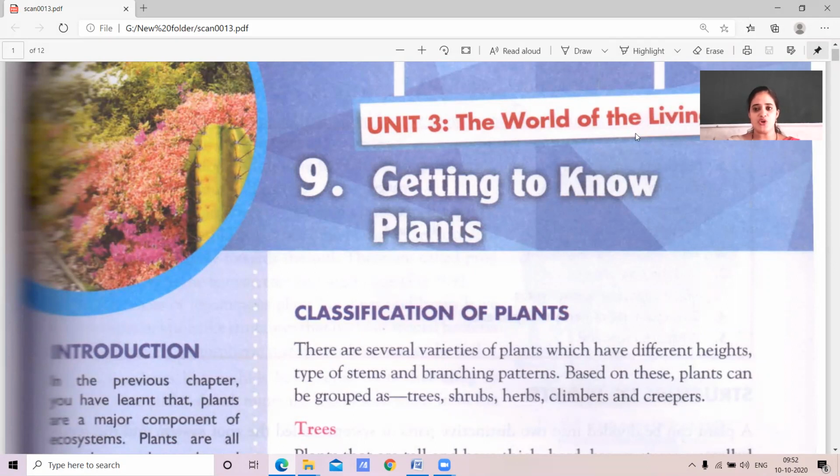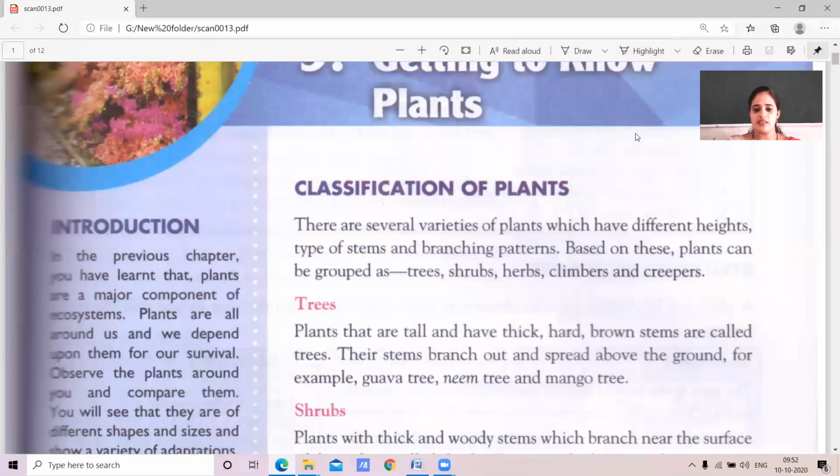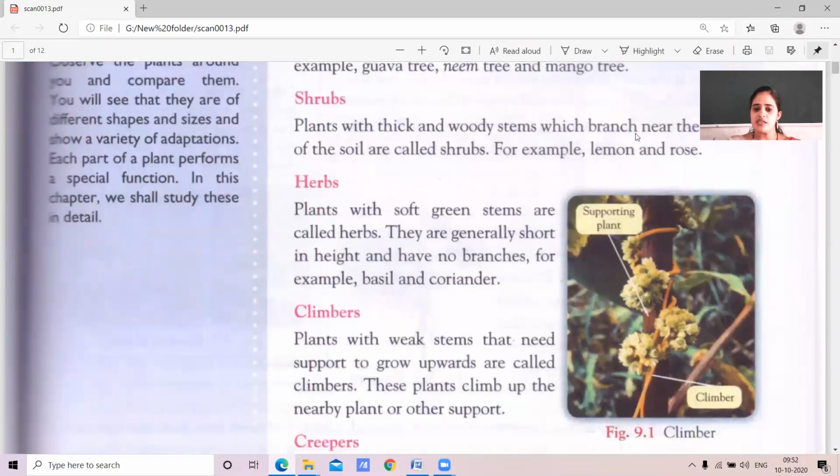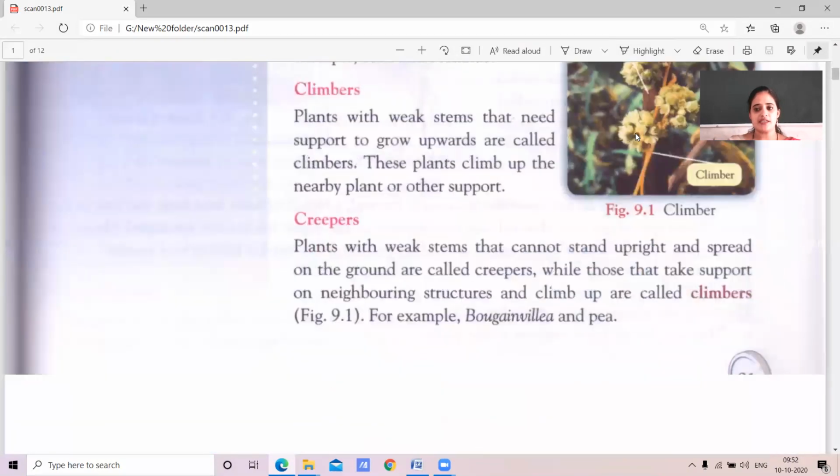Yes, children, we already started the lesson in the last class and we learned about different types of plants present around us. There are trees, shrubs, herbs, climbers and creepers.